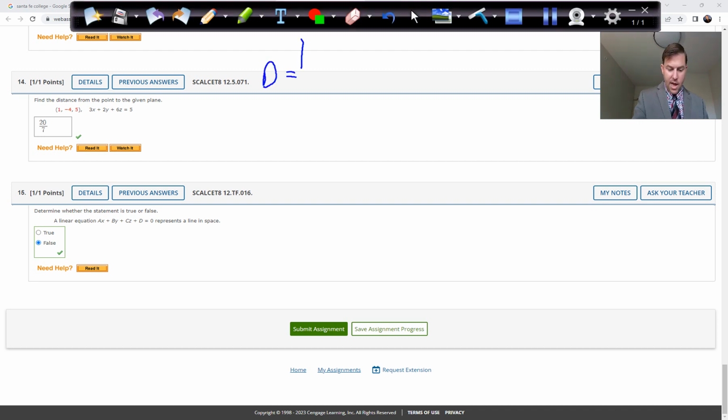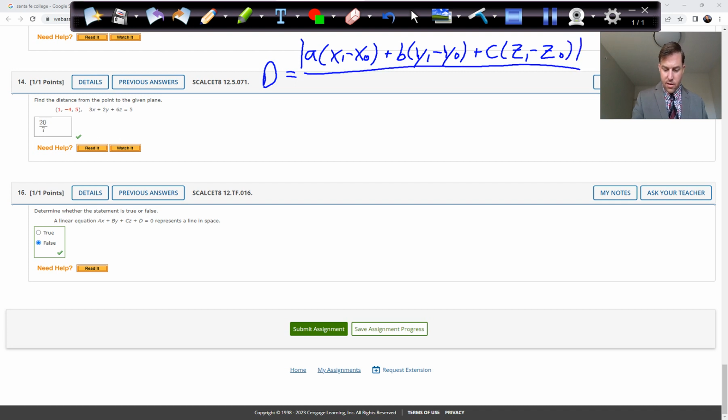And it's the absolute value of A, x1 minus x0, plus B, y1 minus y0, plus C, z1 minus z0, divided by the square root of a squared plus b squared plus c squared.